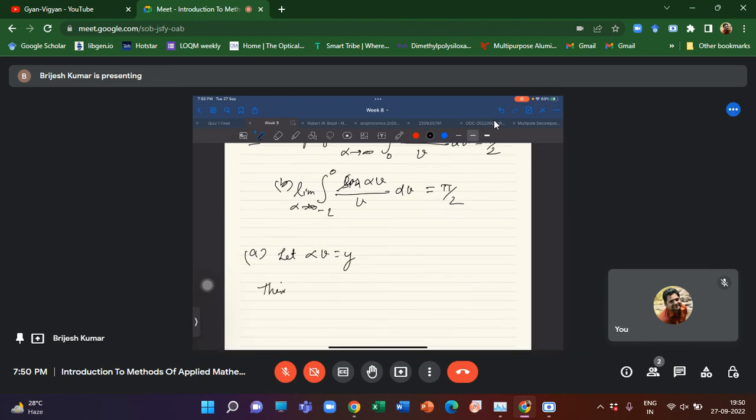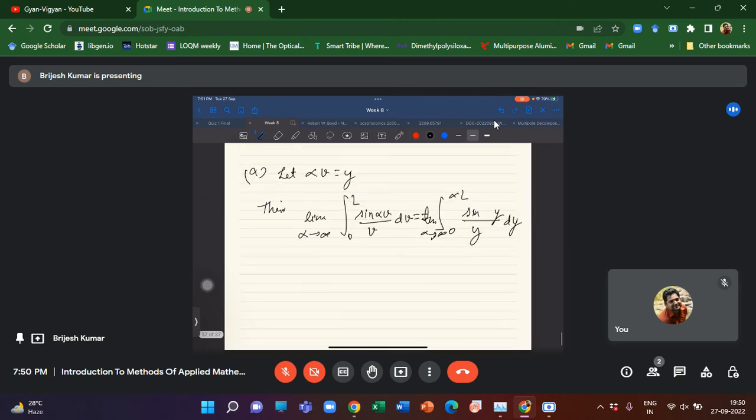Then the first is the limit as alpha tends to infinity of the integration from 0 to L of sin alpha v upon v dv, which will be the limit as alpha tends to infinity of the integral from 0 to alpha L of sin y upon y dy.